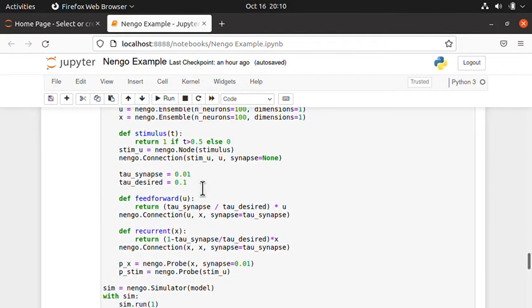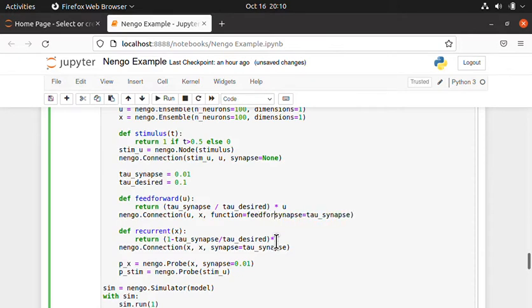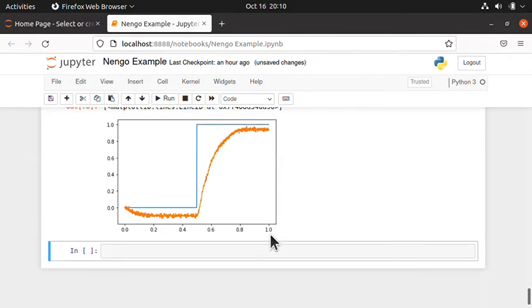Oh, I'm an idiot. I didn't actually tell it to use these functions. There we are.